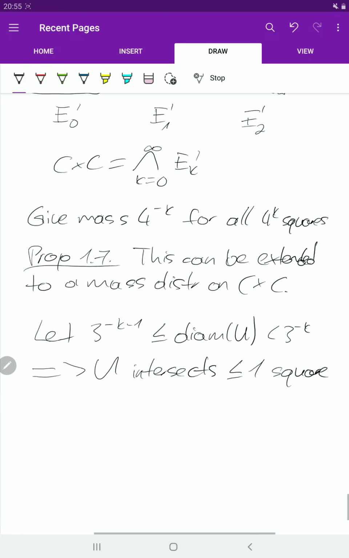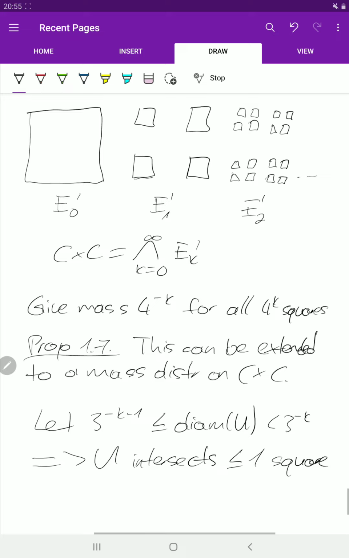So for instance, say U is some set here, and if the diameter is less than, let's say 1/3 in our case, it can't go from here to here or here to here and so on.